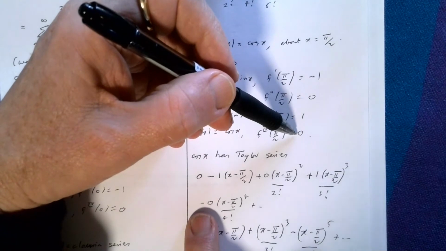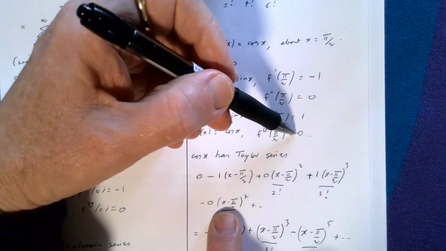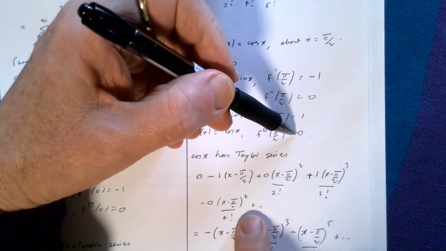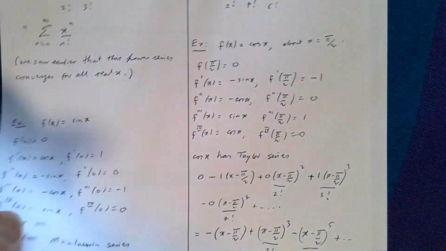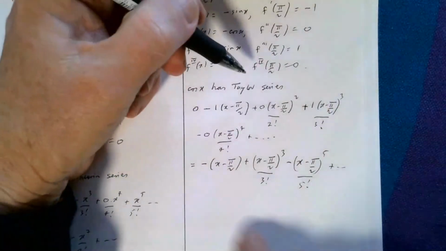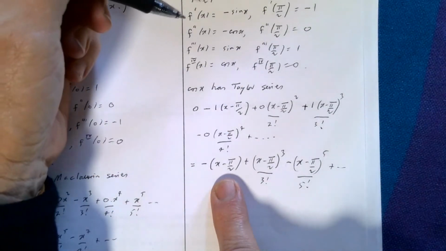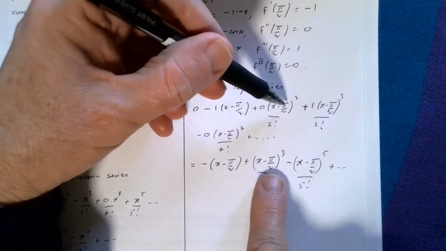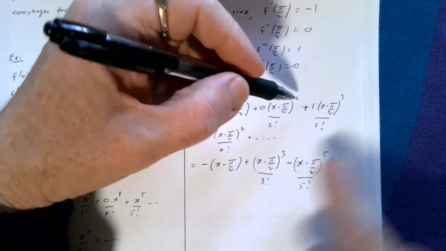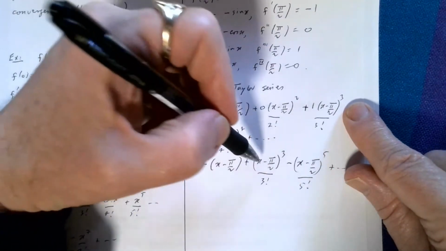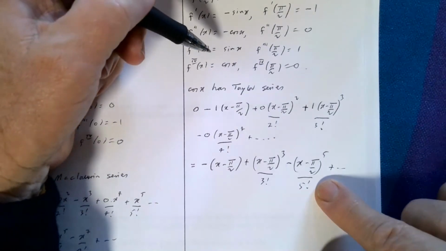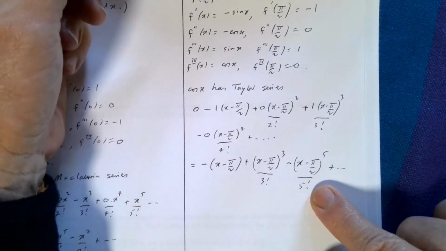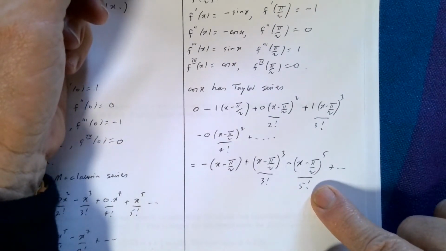And then minus 0 times x minus pi on 2 to the 4th on 4 factorial plus dot dot dot. And leaving out all the bits with zeros in them, we just get minus x minus pi on 2, plus x minus pi on 2 cubed on 3 factorial, and the next one will be minus x minus pi on 2 to the 5th on 5 factorial plus dot dot dot.